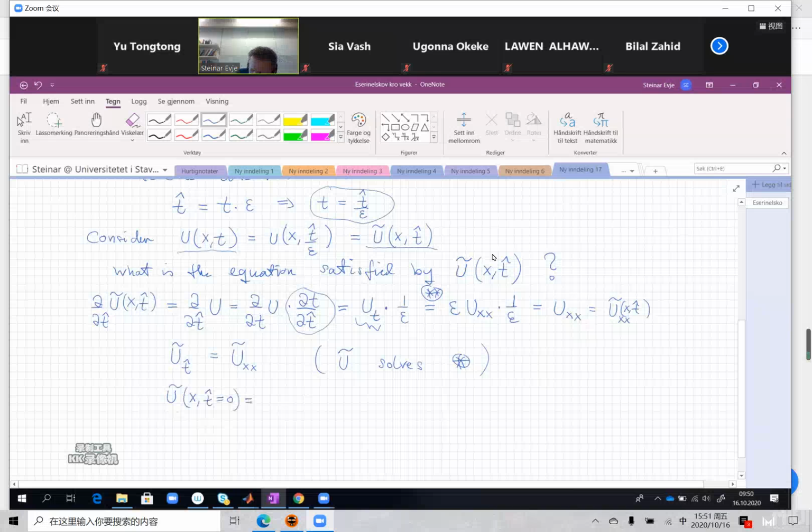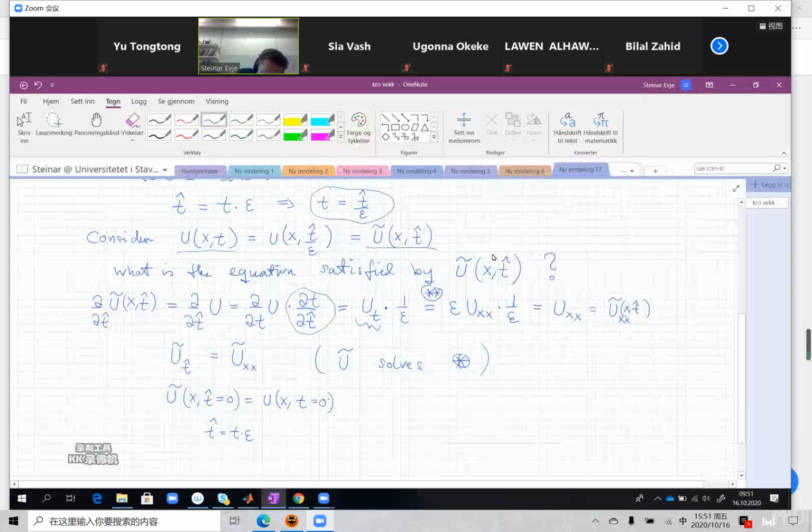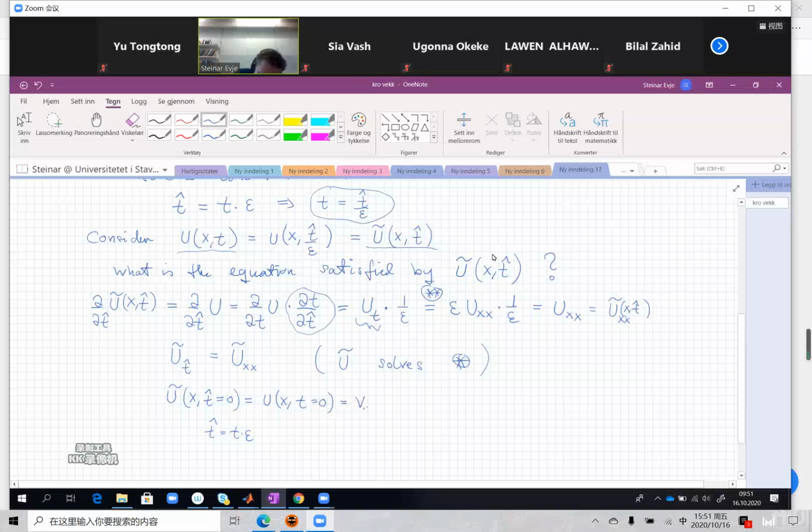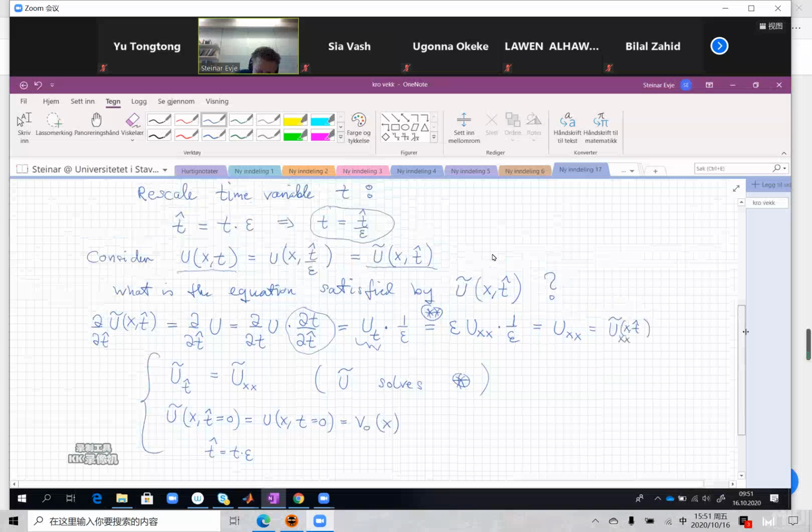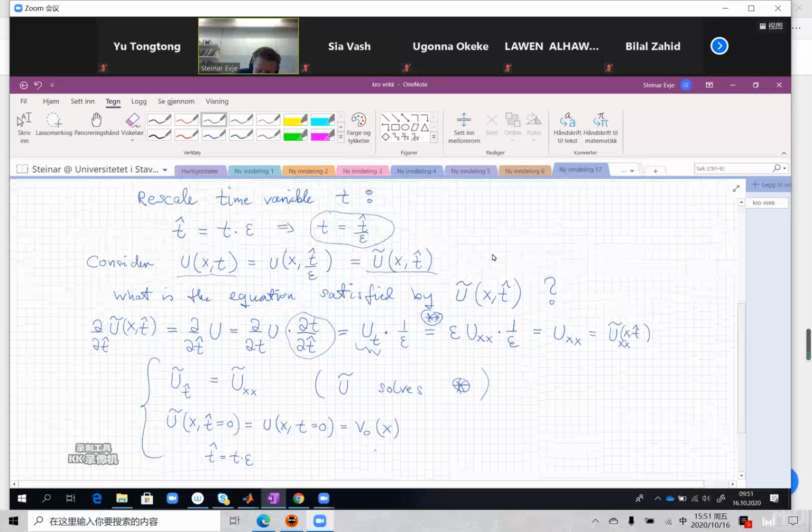But clearly, since t hat is t multiplied by epsilon, t hat equal to 0 is the same as t equal to 0. And u tilde is equal to u. And this is the same as v0 of x. So we see that u tilde also shares the same initial condition.